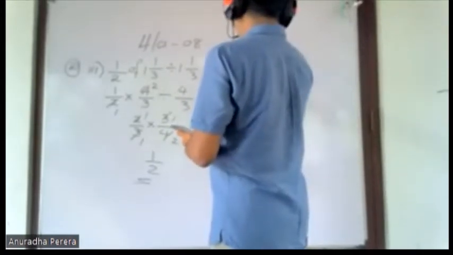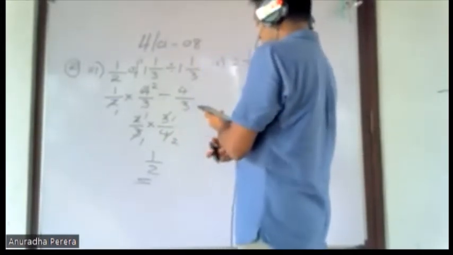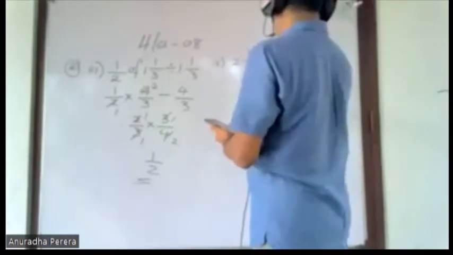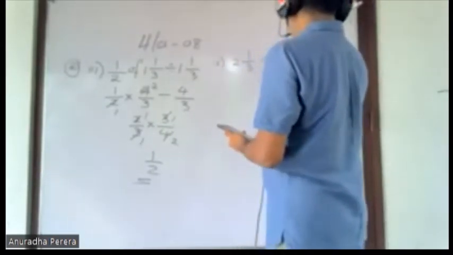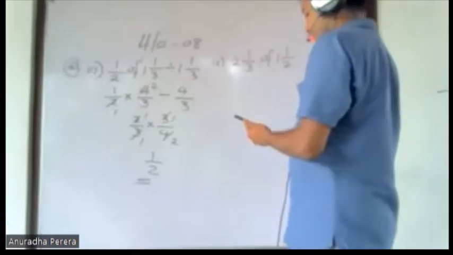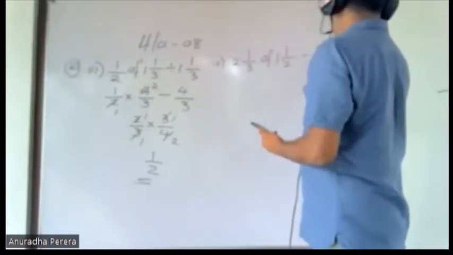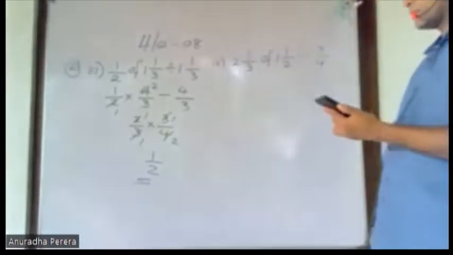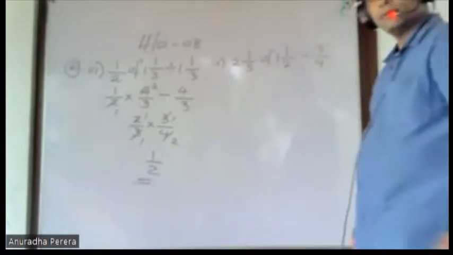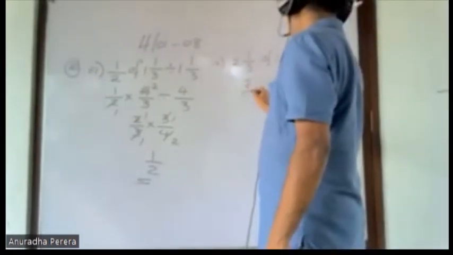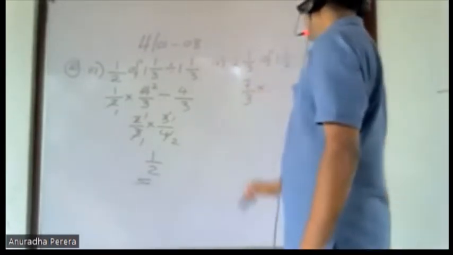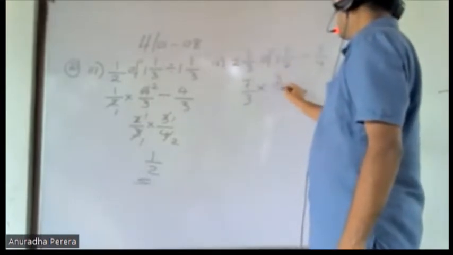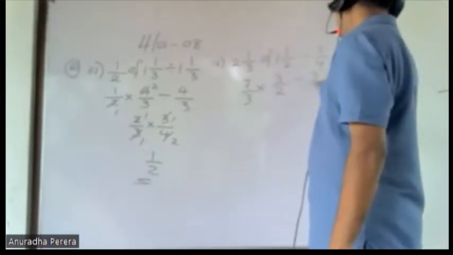Two 1/3 of 1.5 minus 3/4, right? 7/3 of means multiplication. 3/2 minus 3/4.